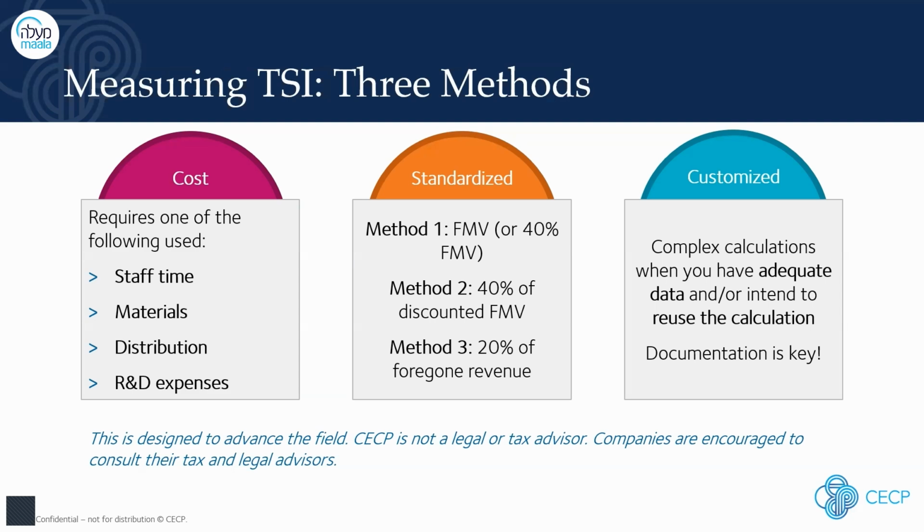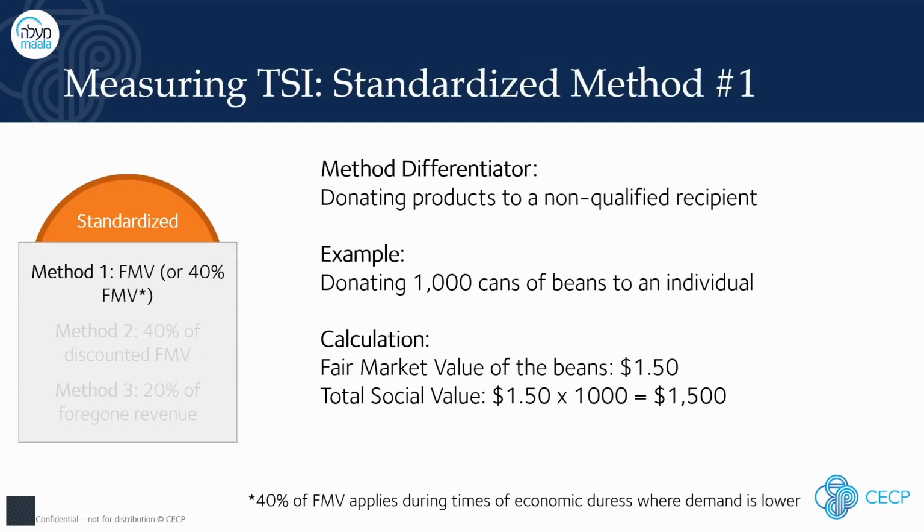And like I said, we have those customized calculation options for anyone who is interested in just doing what feels best for their organization. So, for the standardized methods, we'll start with standardized method number one. This is for donating products to a non-qualified recipient. I've created this example where we are donating, as a business, 1,000 cans of beans to an individual.